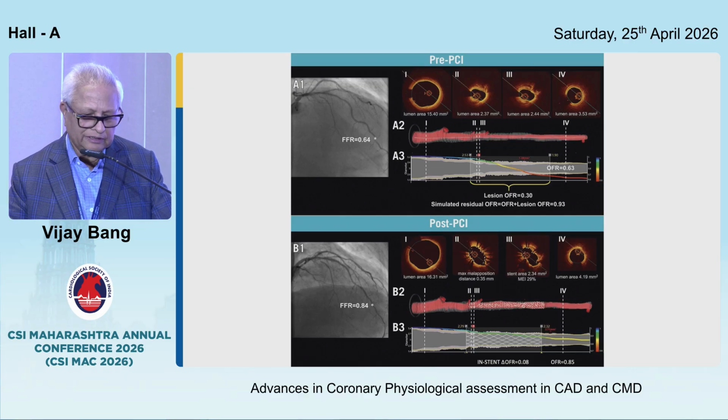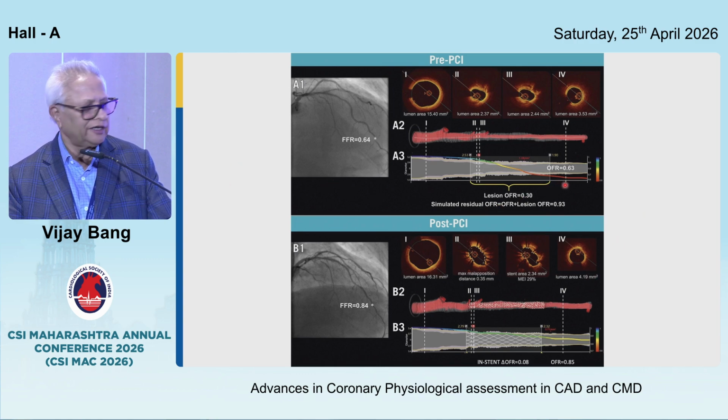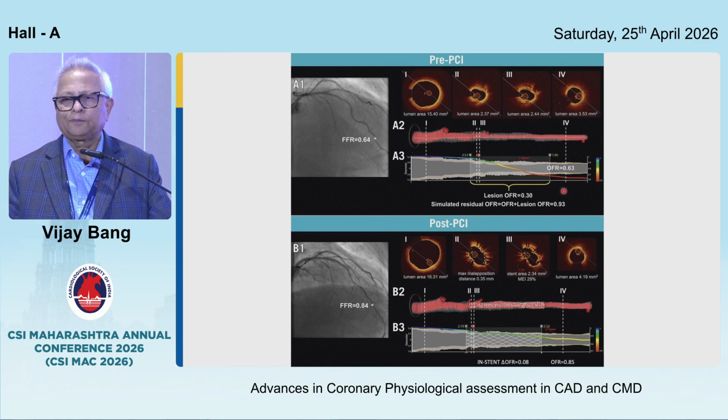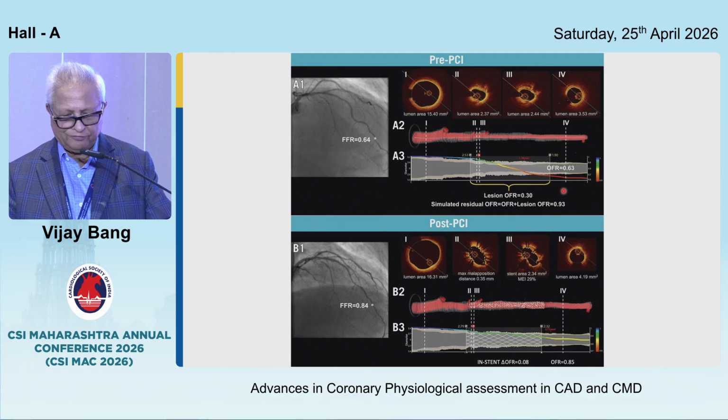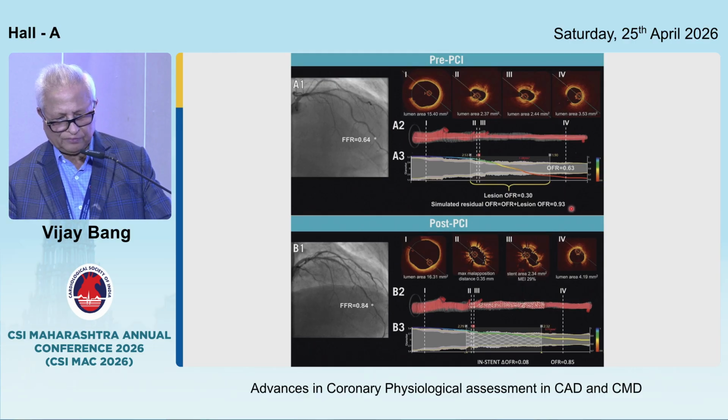So then this is pre-PCI evaluation. OFR is a new parameter which is very well defined. It is called optical flow ratio, which is also a computational parameter, and through this you can perform a PCI virtually.